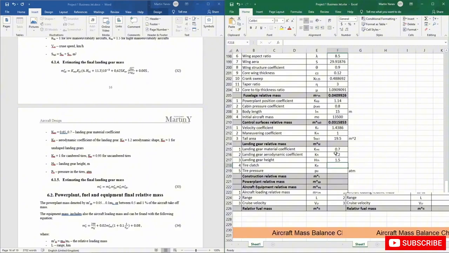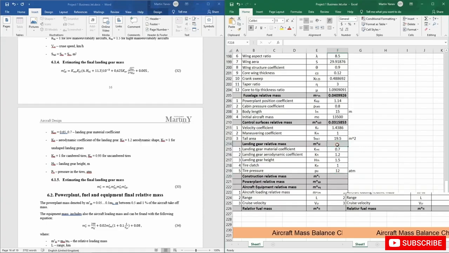Usually for chambered tires this coefficient is equal to 1, and for unchambered it is 0.93, which is not a big difference, so I will simply write it as 1. And finally, the pressure in the tires of the aircraft is usually 12 atmospheres. If you compare this to your car, which is probably about 26, you can see how the tires have way less pressure in them, and this is normal. The bigger the space inside is, the less pressure you need inside your tires.